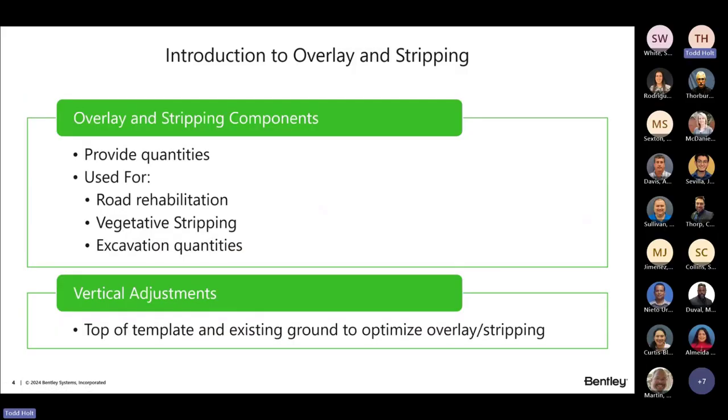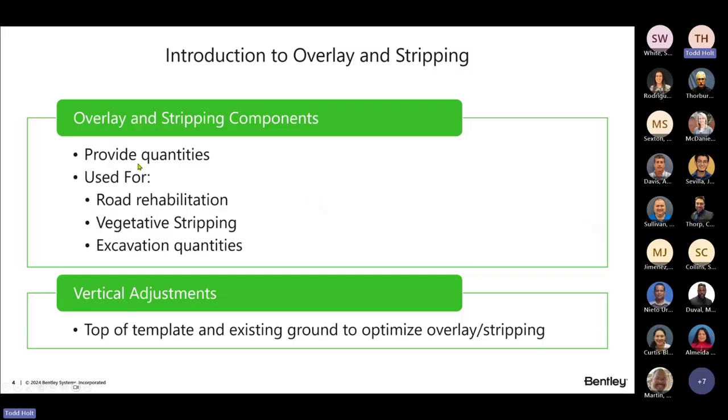And this is just another, so the overlay and stripping components, we can provide quantities for those. I did look at the FDOT's workspace, so you do have your item types attached to those components, and we can minimize that. So we'll take a look at those as well. I was really just focusing on this first one on the components and getting a good understanding of those components themselves.